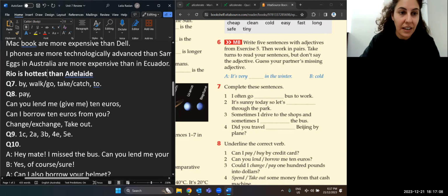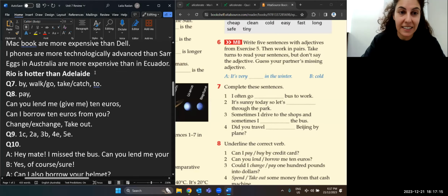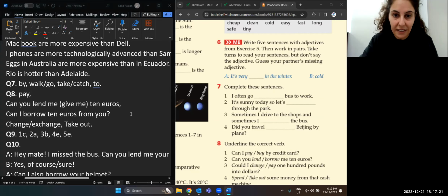Sorry, that's wrong. You can't say hottest and then compare two places. It's hotter than Adelaide. So make sure it's the ER, unless you want to say, Rio is the hottest city in Brazil, for example, because I'm comparing it to many.